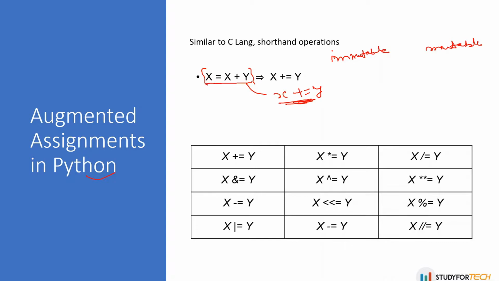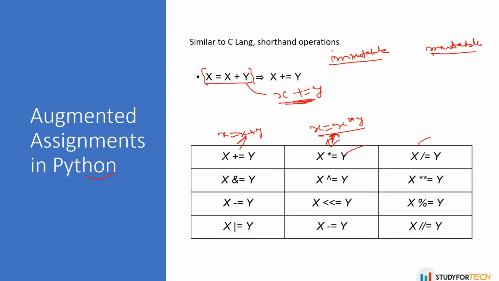Let me explain this, but first let's see what all those forms are. So x plus equal to y is nothing but x equal to x plus y. This one represents x equal to x multiply y. So in both ways it can be written. This is the augmented form, this is the simple form.